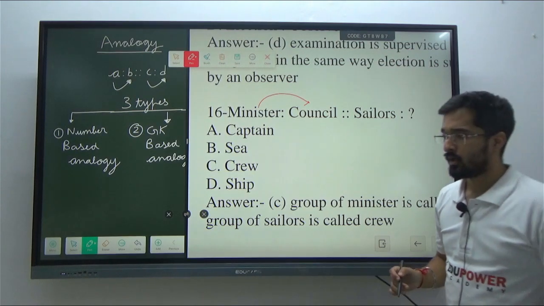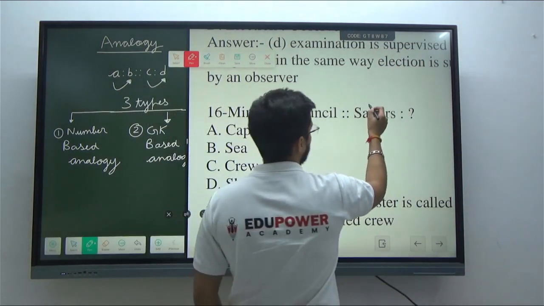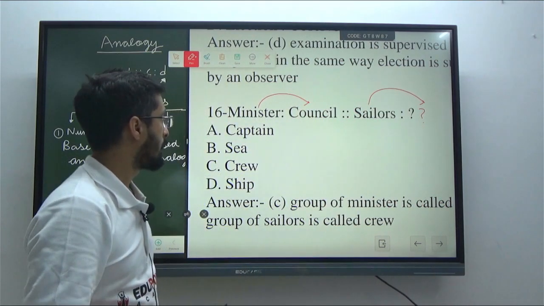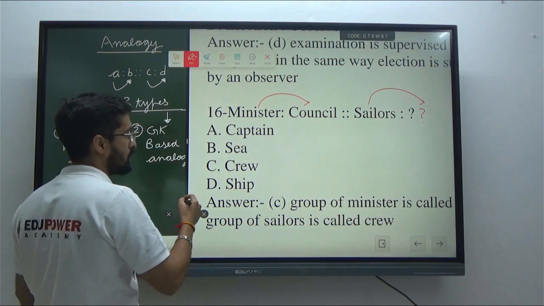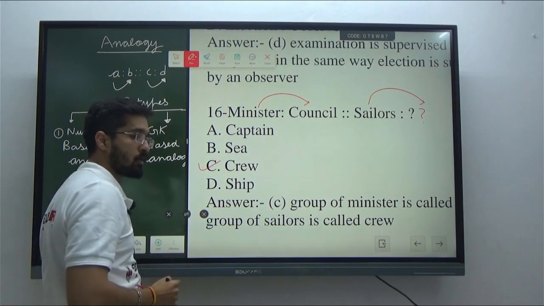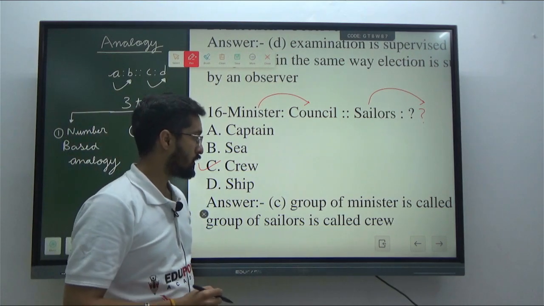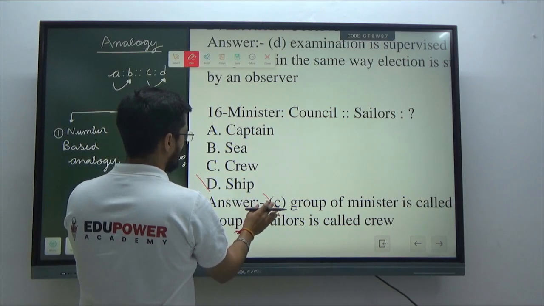So likewise we can say that a group of sailors, what is a group of sailors called? A group of sailors is called a crew. Okay. So group of sailors is called a crew. C, correct answer. Moving on to the next question.